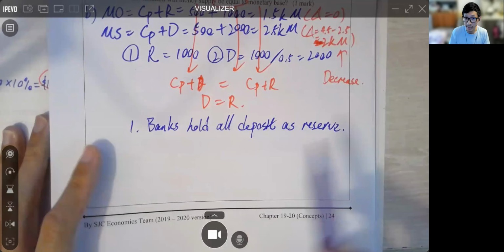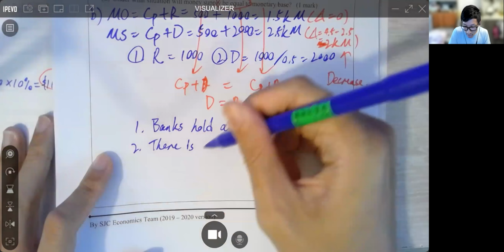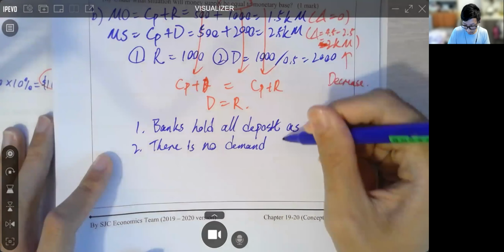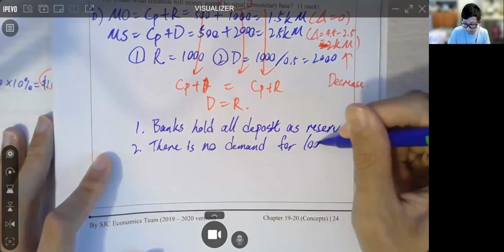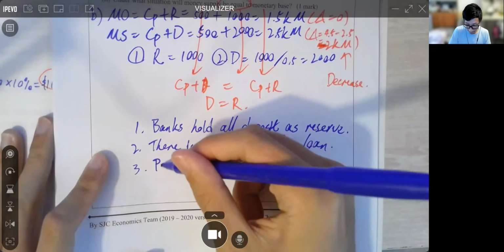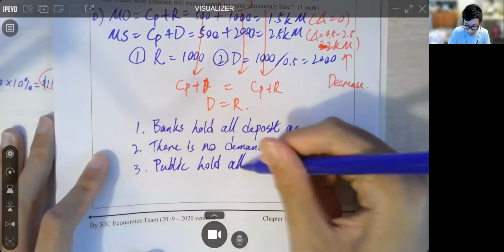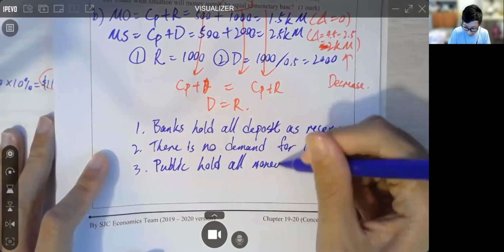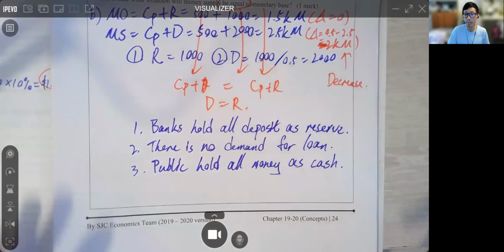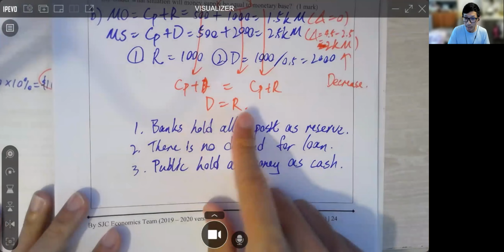Same meaning. Two, there is no demand for loan, none at all. Or third, the public hold all money as cash, not putting anything into banks. Then in this case, deposit will be equal to R.